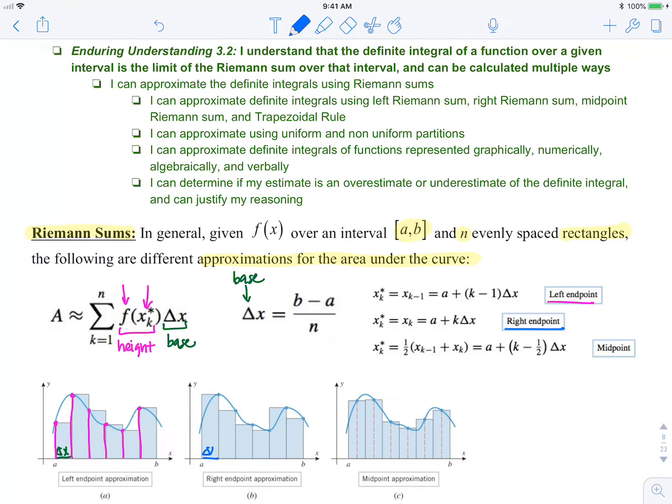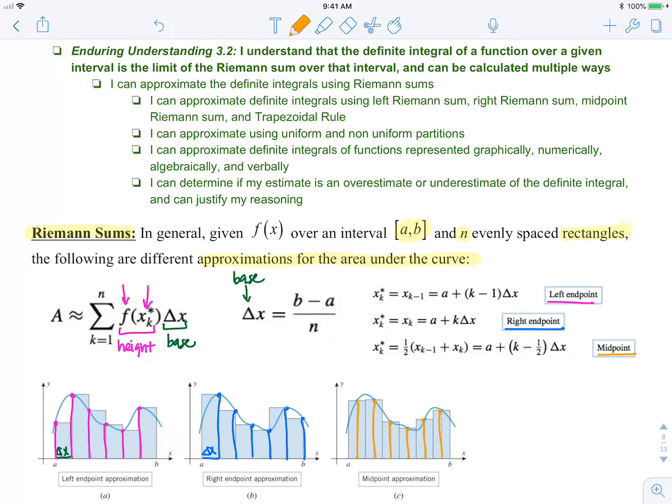So for each delta x interval, you would use the right side to find each height. Or the third way to use a rectangle is to find the middle of each delta x base and use that to find the height of each rectangle.